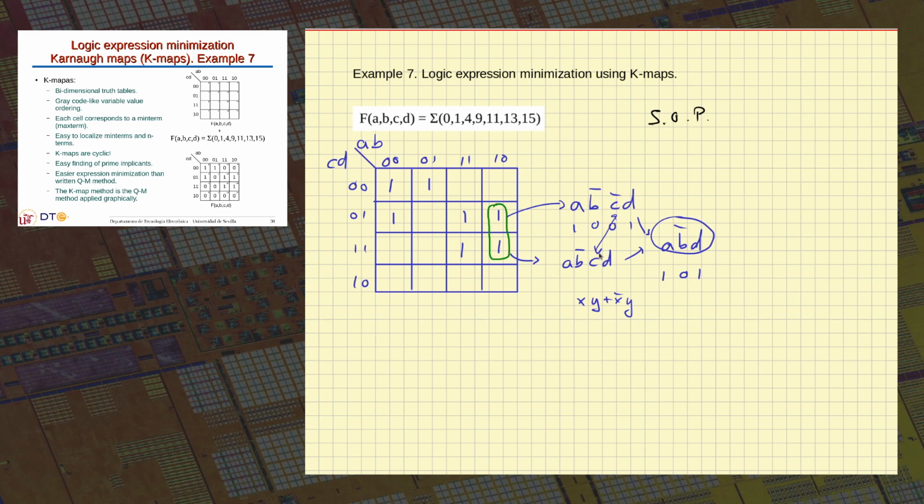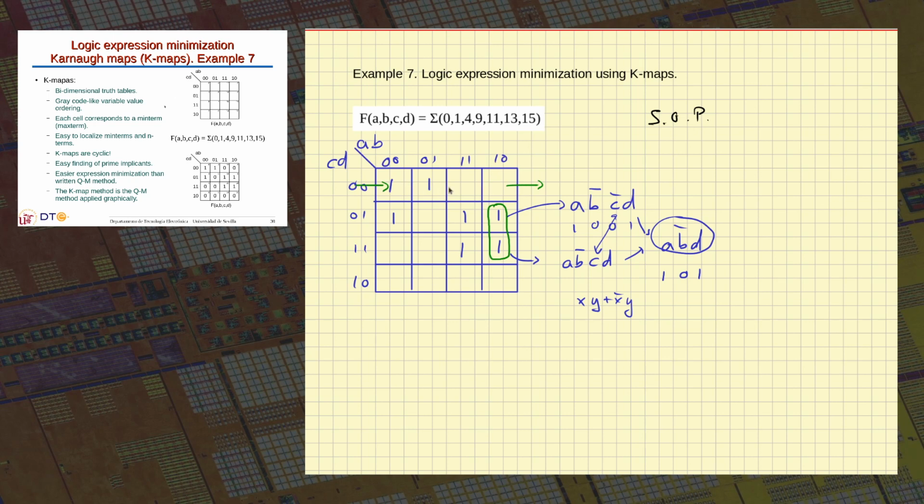It's also important to remember that in a Karnaugh map, all the adjacent places are actually adjacent minterms, but adjacencies also go beyond the border. So this position here is adjacent to this position here, because they only differ in 1 bit.